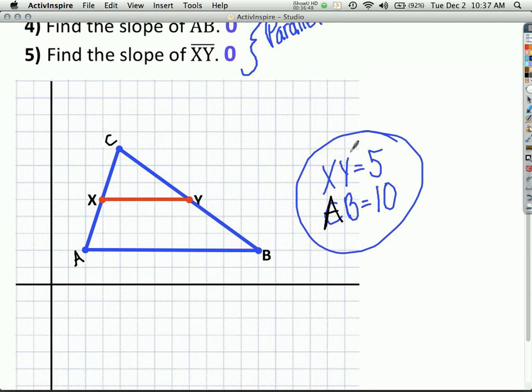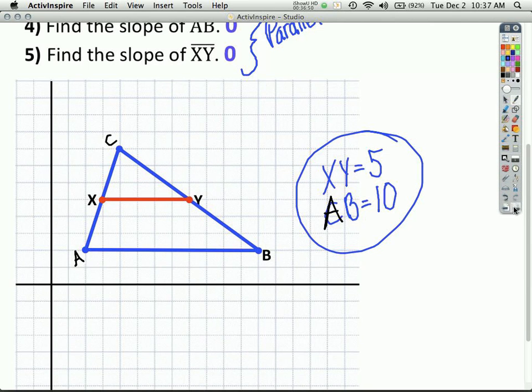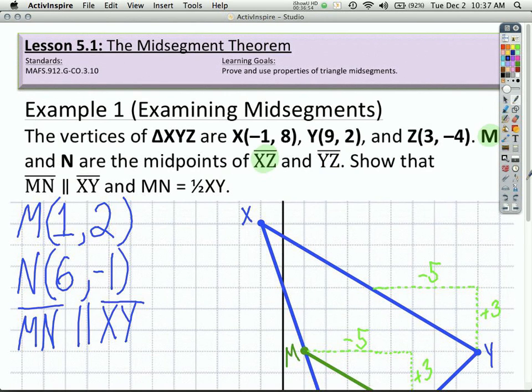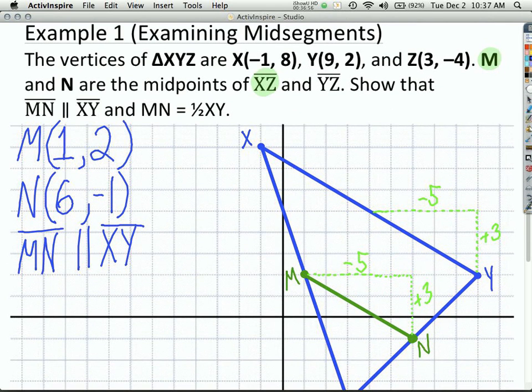So it was easy to find the 5 and the 10. But unfortunately, as I indicated to you earlier, that was not going to be the case. In fact, it usually won't be the case. So we need to now show the distance of MN and the distance of XY and see the relationship between the two.